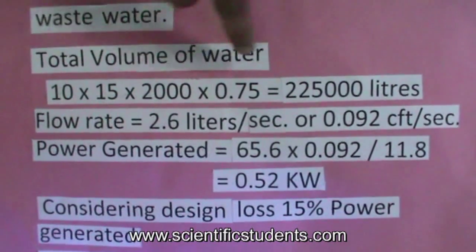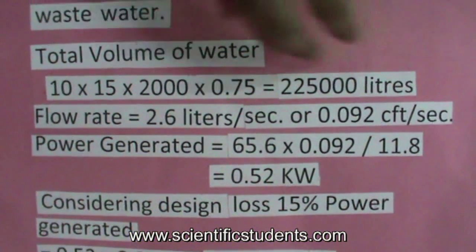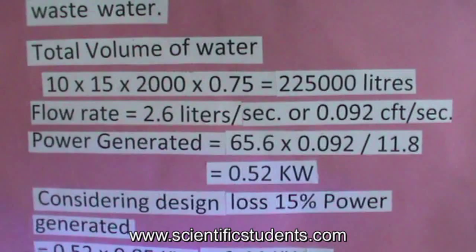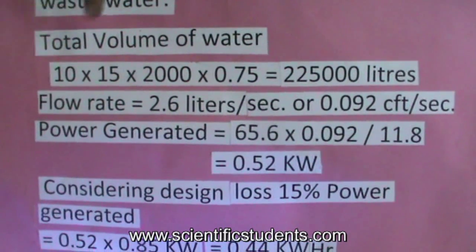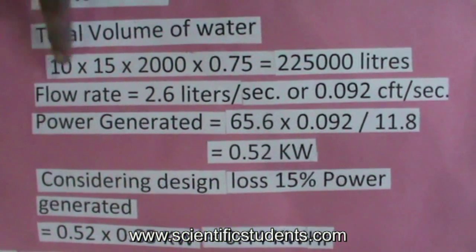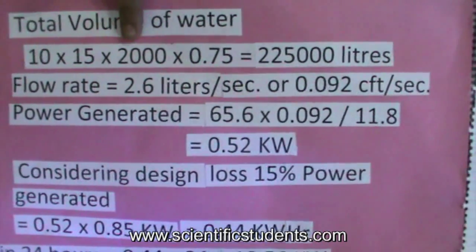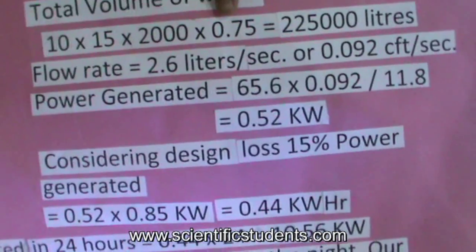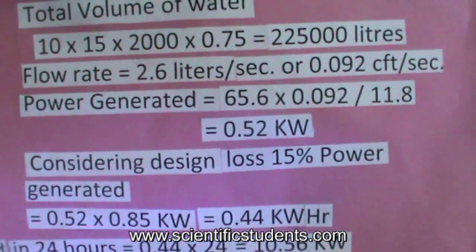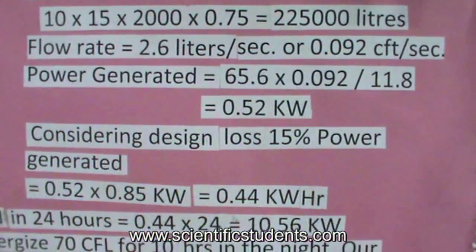So the total volume of water collected from these flats is 10 flats into 15 floors, because we are using this as head, and 2000 liters of water into 0.75, because we are taking 75% of the water, which comes to 2,25,000 liters.